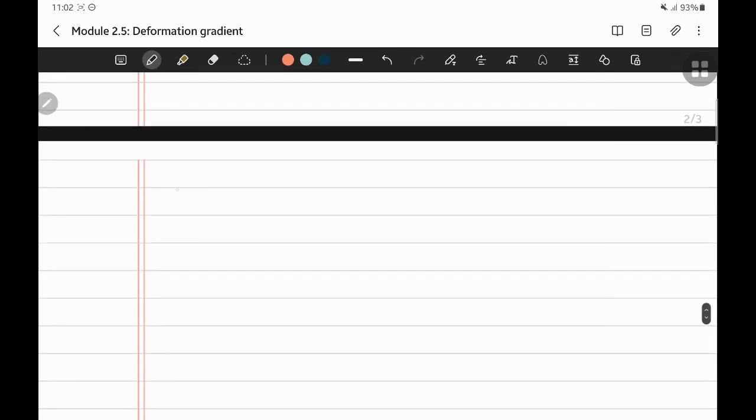What does it mean? It means that for each vector A, you have A dot UA larger or equal to 0, where this U is the pure stretch tensor, or pure stretch deformation tensor.